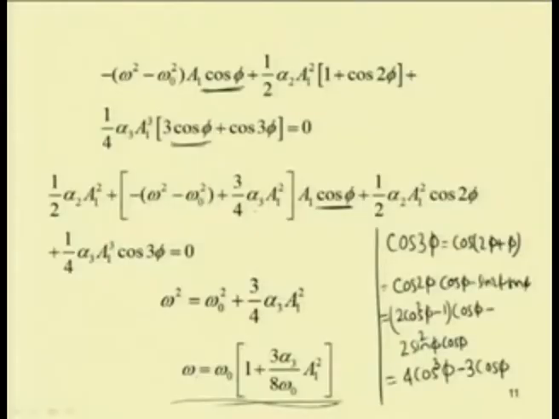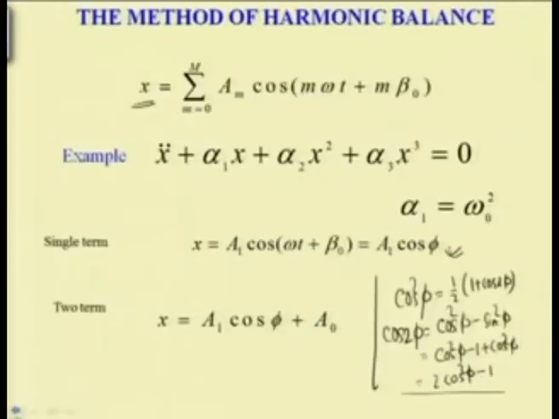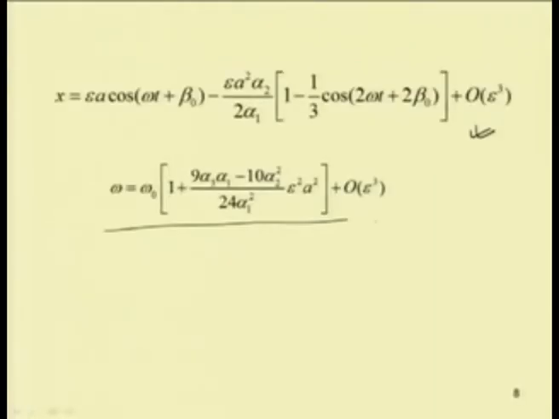So we have seen omega is coming to be omega 0 into 1 plus 3 alpha 3 by 8 omega 0 a 1 square, but this approximation is not actually correct, as we have seen in the method of multiple scales. There it should have been omega equal to omega 0 plus 9 alpha 3 alpha 1 minus 10 alpha 2 square by 24 alpha 1 square epsilon square a square.